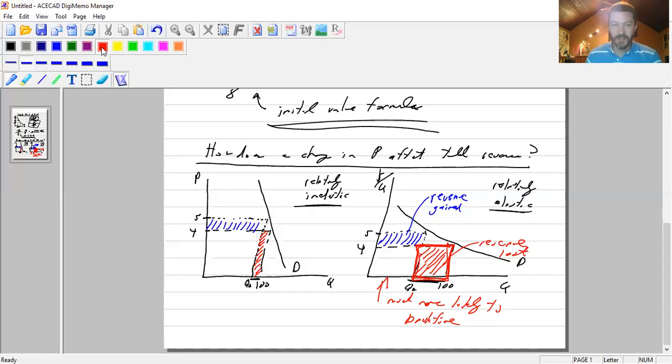There's a lot more that we can do here, but all we're doing is using this concept of elasticity to illustrate how raising prices is going to be much more likely to yield gains in overall profits or overall revenue from the relatively inelastic perspective, and it's going to be much more likely to backfire with this perspective over here, with the relatively elastic demand curve. So that's it.